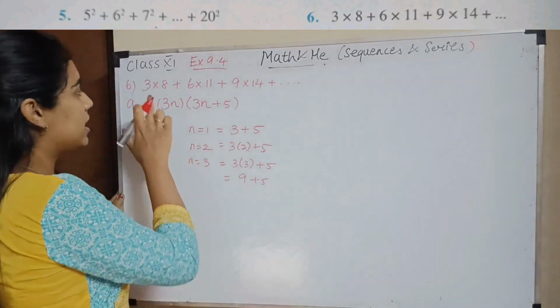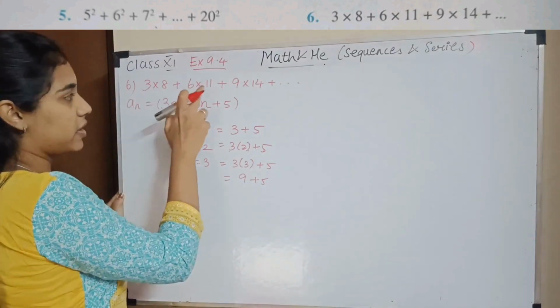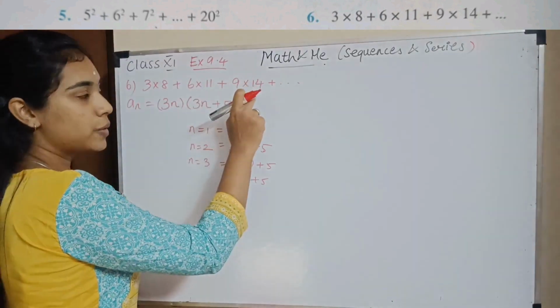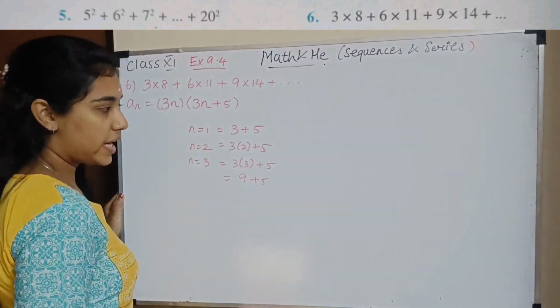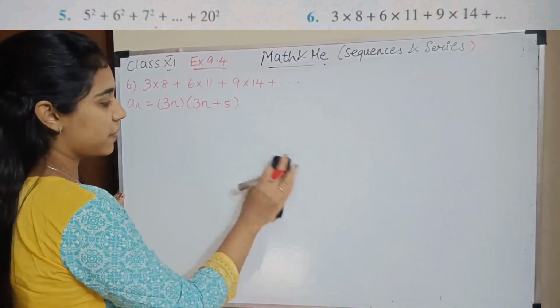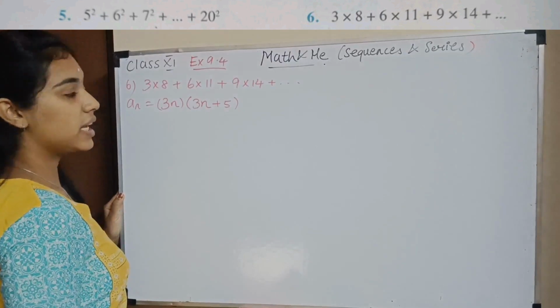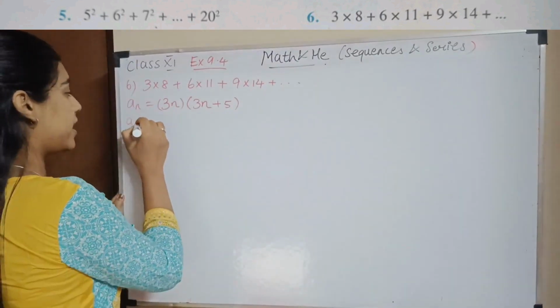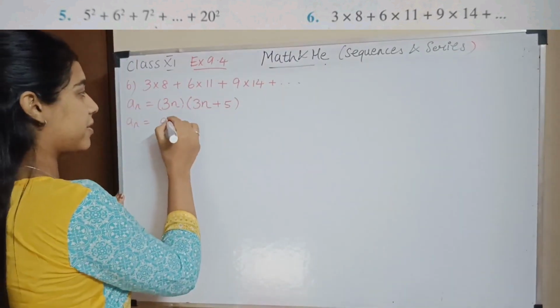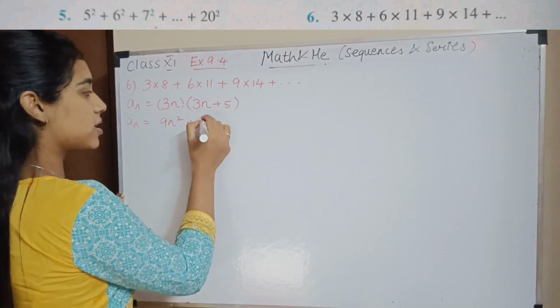So basically, 8 is 3 plus 5, 11 is 6 plus 5, 14 is 9 plus 5. So you need to find some pattern which satisfies all the numbers. So that is your an. Okay. So now your an becomes, when I multiply it inside, 9n square plus 15n.